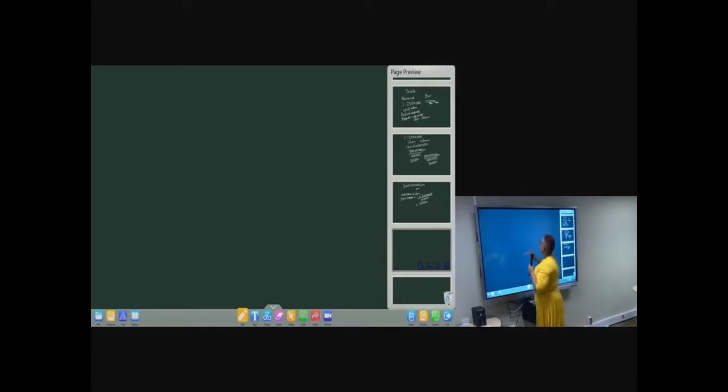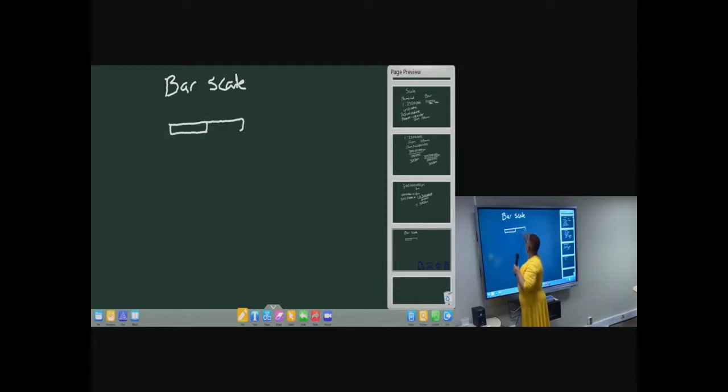The next one is a bar scale. Your map will have a bar scale at the bottom, and whenever you are given one, it means you can calculate distances between two towns. Not all the time are you given a map with distances; sometimes you are given a map without distances, and you have to use these scales to calculate your own distance.